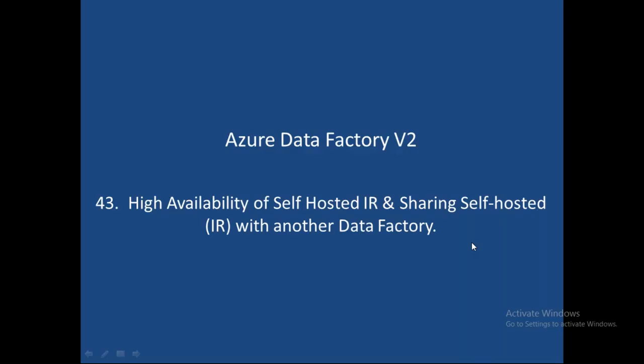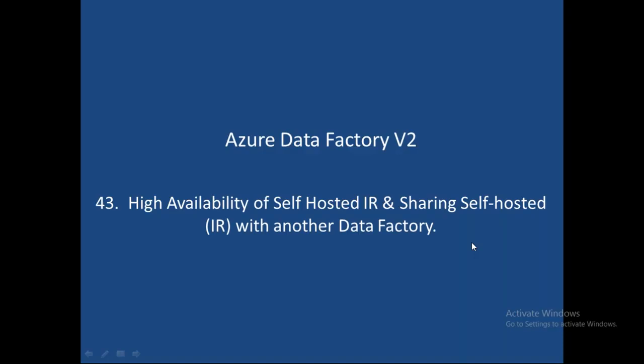From US data factory, I created the self-hosted IR and I registered with the on-premise self-hosted integration runtime, which I have installed. On the on-premise machine, I will install the self-hosted IR. On that particular IR, I will register with the Azure Data Factory key, so that I am able to connect to the on-premise from the Azure Data Factory.